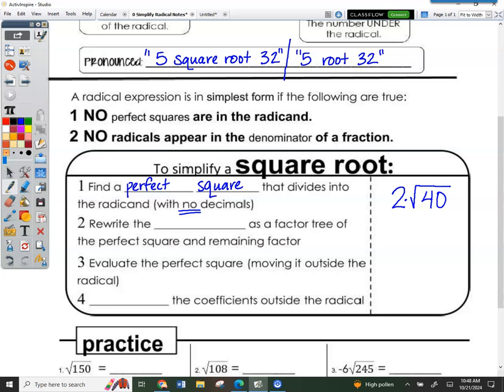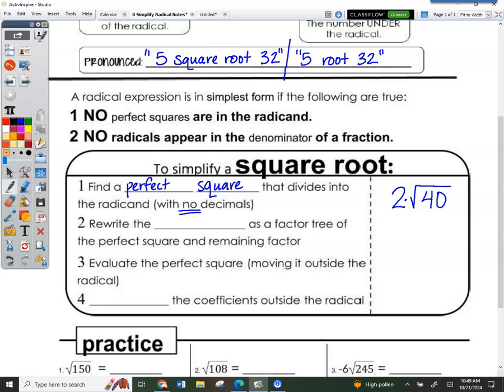So now go to your list of perfect squares. We may have to flip over to the back. I want you to find a number from your list of perfect squares that divides into 40 nicely.